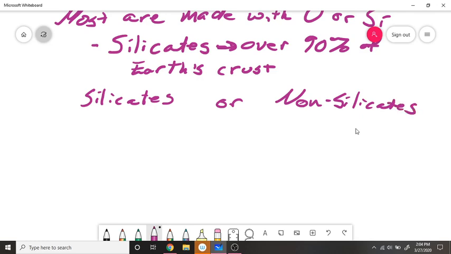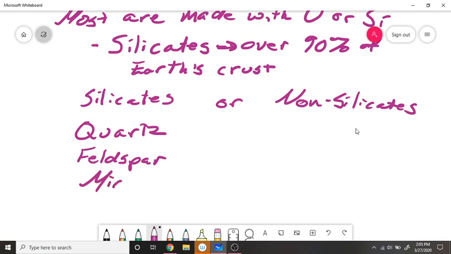Our silicate minerals are quartz, feldspar, and mica. And some of our non-silicates are carbonates, like our calcium carbonate.